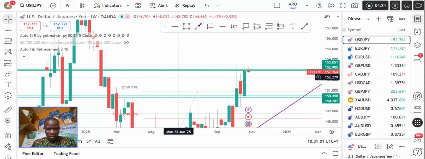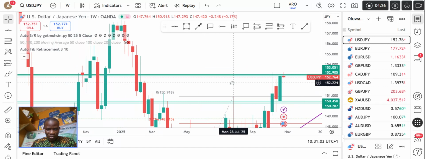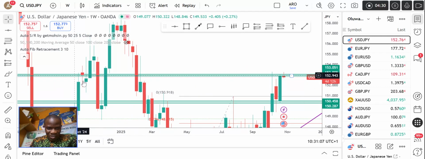So let's see the previous trend of this trade. We can see that from here there was a break. The market moved back to this line, and after it closed here, it still had to move back.